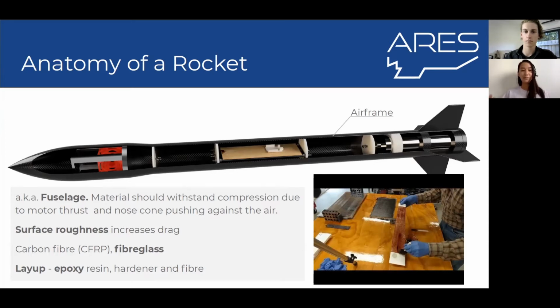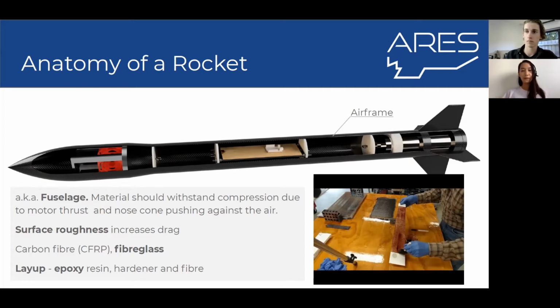The other method that we've been looking at exploring is the infusion process. From what I understand, you would lay the fiber in the mold, put a plastic bag over it and vacuum seal it. Then you'd feed the resin through and have it infused in with the layers of carbon fiber.